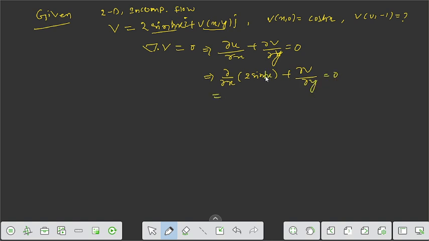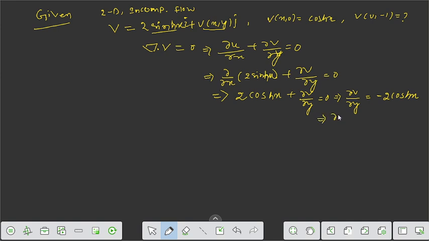The derivative of 2 sinh x is 2 cosh x plus del v by del y is equal to 0. That means del v by del y is equal to minus 2 cosh x.